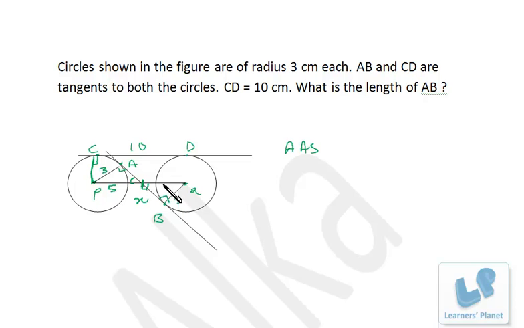So PX is equal to XQ. Now PQ must be 10 as CD is 10. So if PQ is 10, PX must be 5 and XQ must be 5. So this is 5, this is 3. That means in this right angle triangle, this must be 4, right? So if this is 4, this is 4, AB must be 8. Only the concept has been used, no paperwork is required.